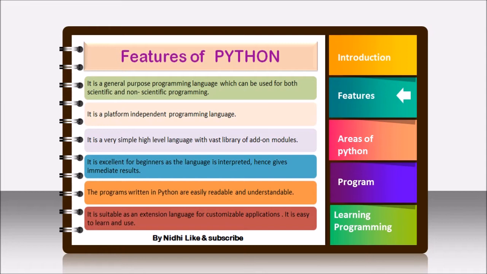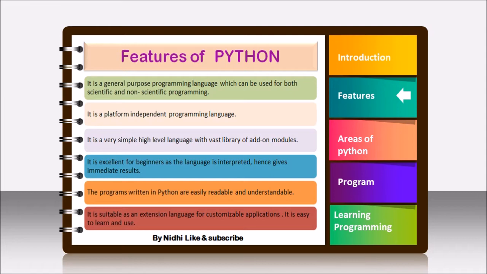It is a very simple high level language, and it has a large set of libraries and add-on modules. We will discuss the modules and add-ons when we cover the basics. It is excellent for beginners as the language is interpreted and hence gives intermediate results. Python is an interpreted language, as we have seen in chapter 1 that there are two types of language translator, one is interpreter and one is compiler.